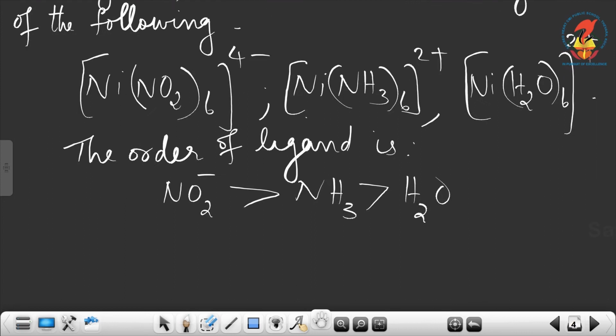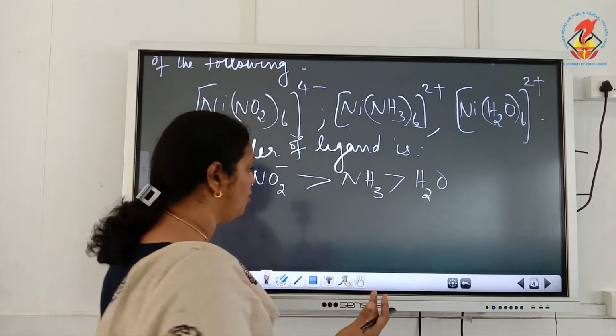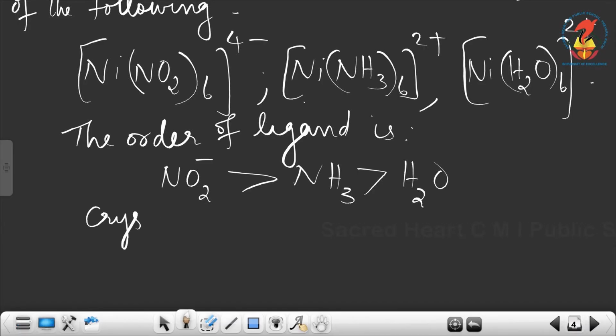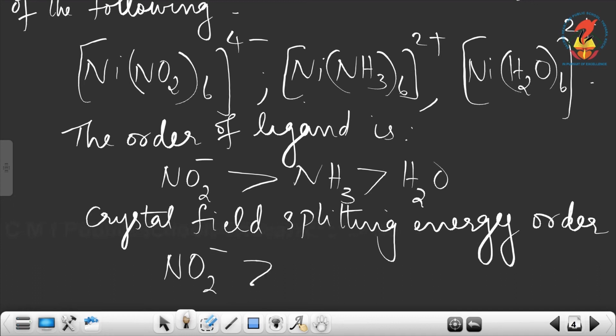Now you know that if the ligand is strong, crystal field splitting energy will be strong. So next I am going to write the order of crystal field splitting energy. That also will be the same, that is NO2- greater than NH3 greater than H2O.